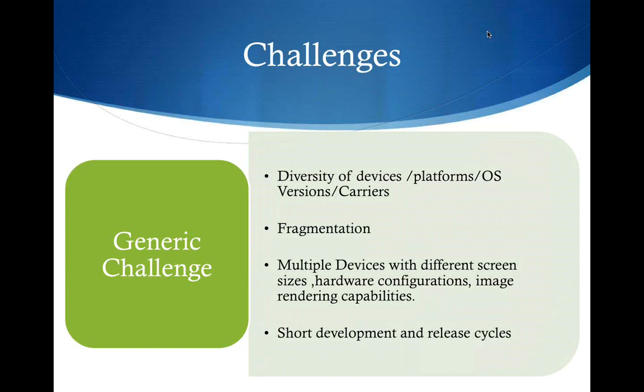For a proprietary company like Apple with iPhones, or say BlackBerry, it is much less because they tightly control the types and models of devices, and the number of OSs that go into the market. So it is not so problematic for them. But for Android, it's a huge problem.